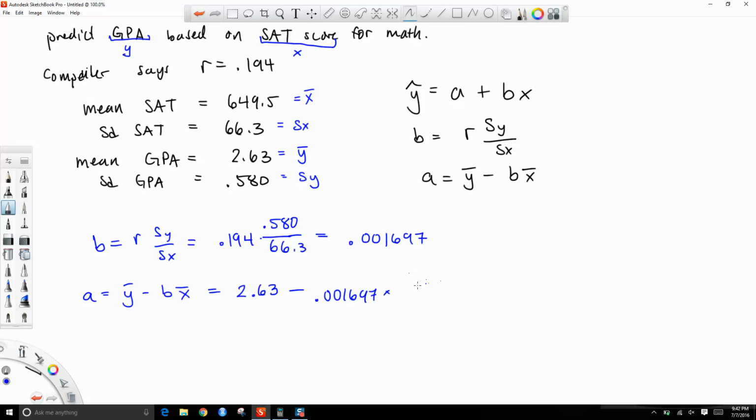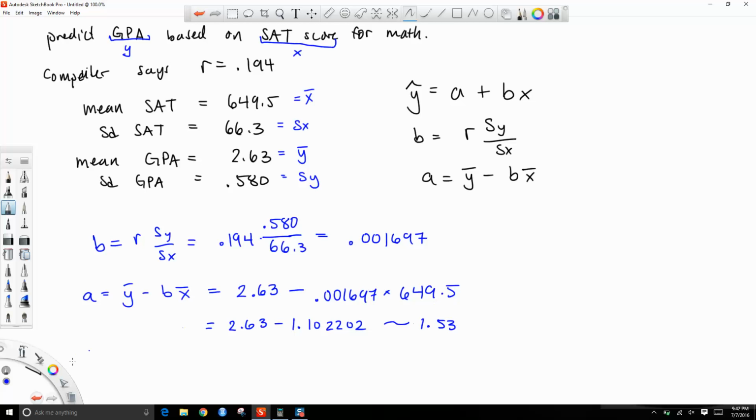And what's x bar? 649.5. And so when I do this calculation, I get 2.63 minus 1.102202. And so this rounds off to 1.53.